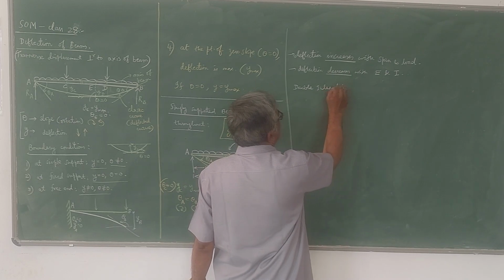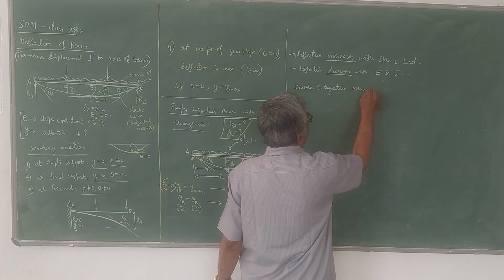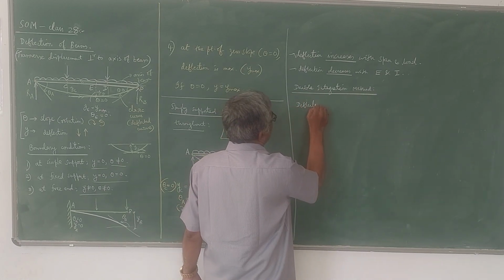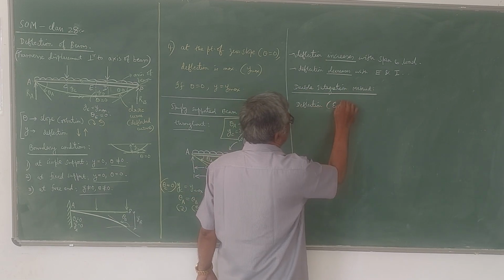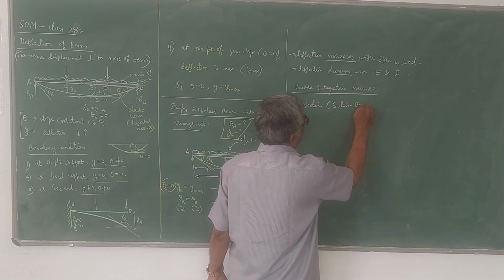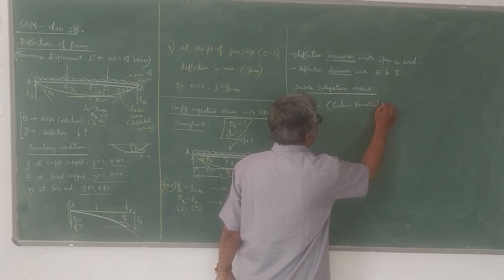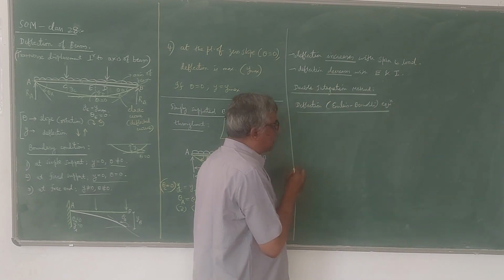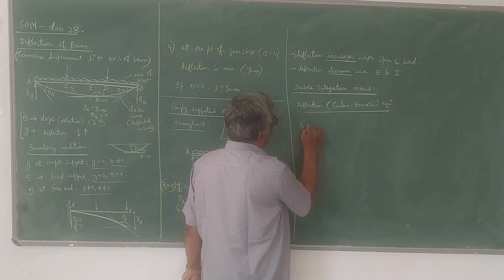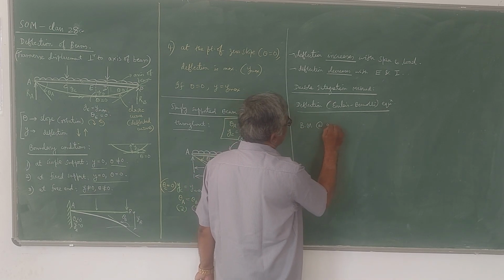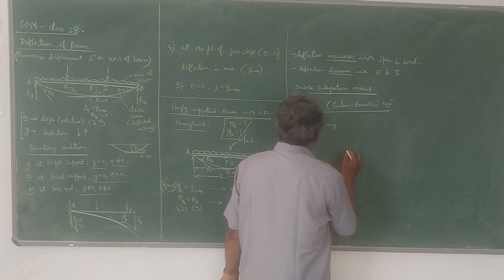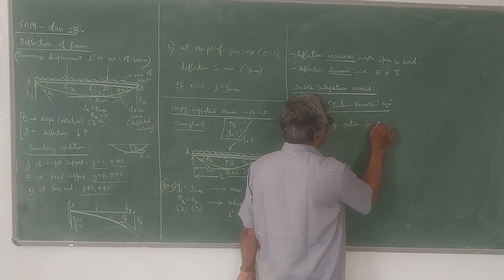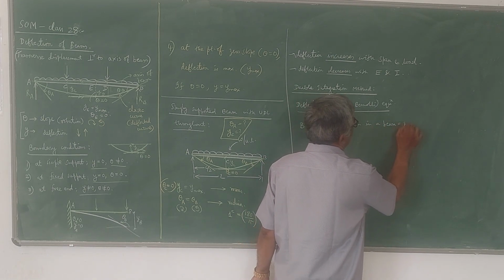So for using this double integration method, we have to use an important deflection equation called Euler's deflection equation, the Euler-Bernoulli deflection equation. It states, it can be proved actually, that the bending moment at any section in a beam, which I will call as Mx.